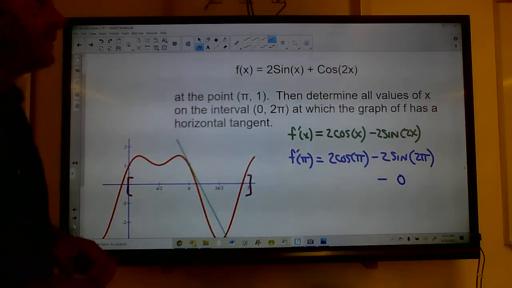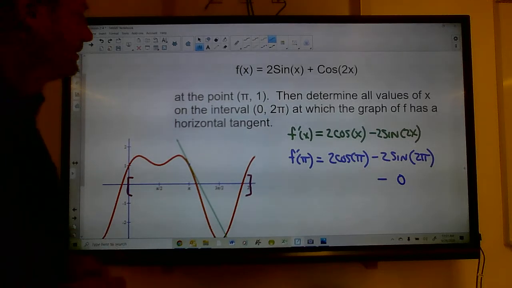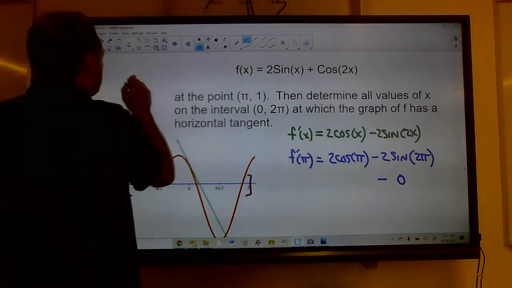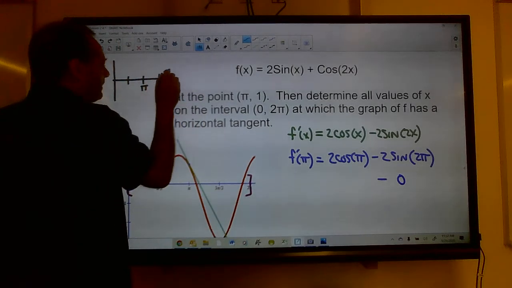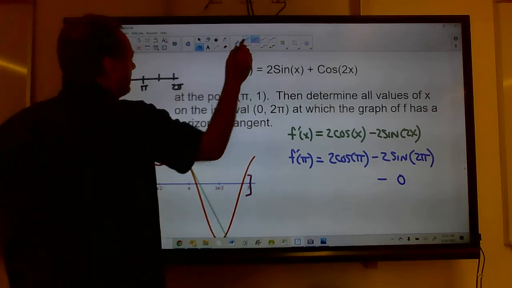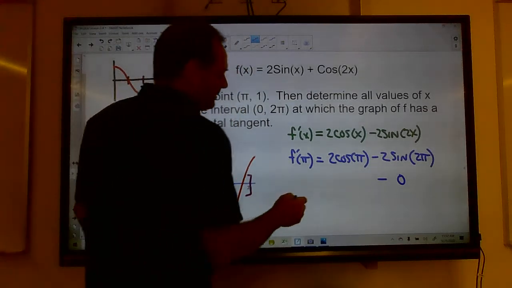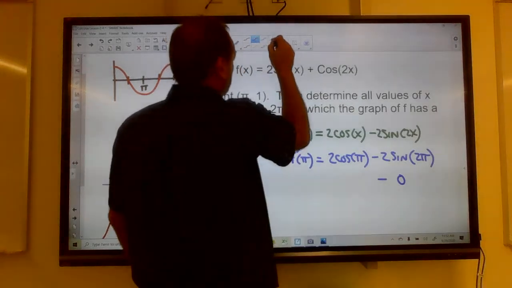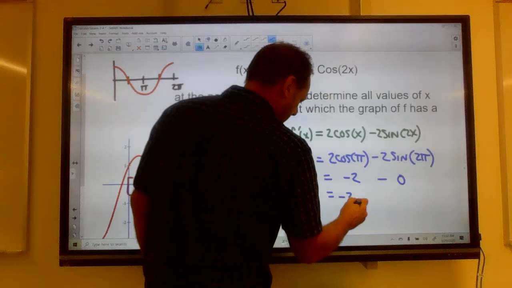Cosine of pi, I always forget, but I can make a graph. Cosine looks like this. So it's negative 1. So this is negative 2. So the slope is negative 2.